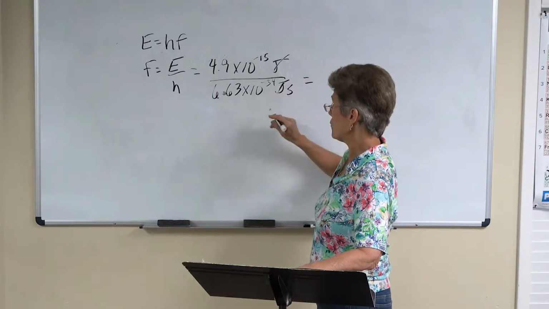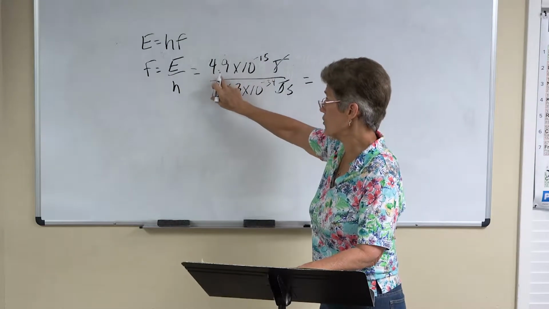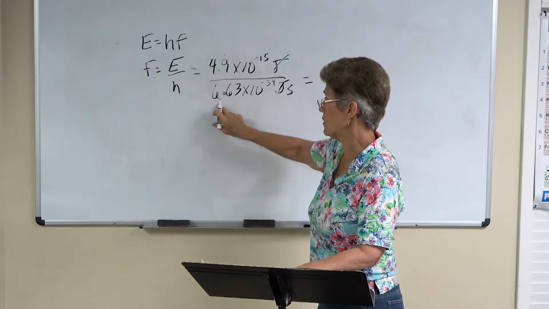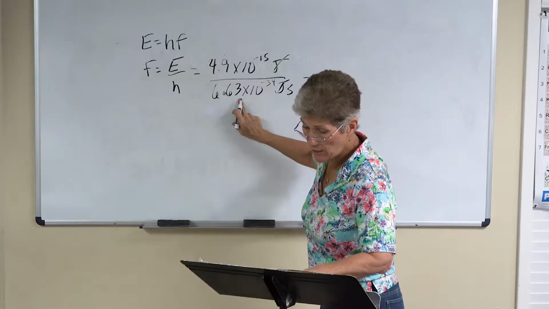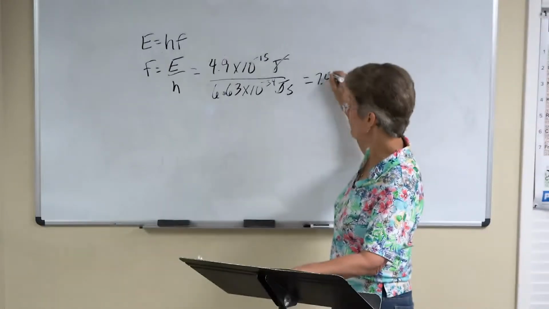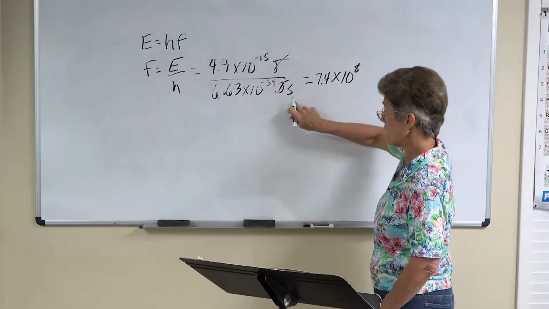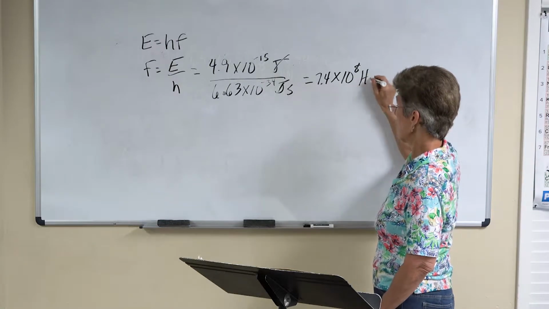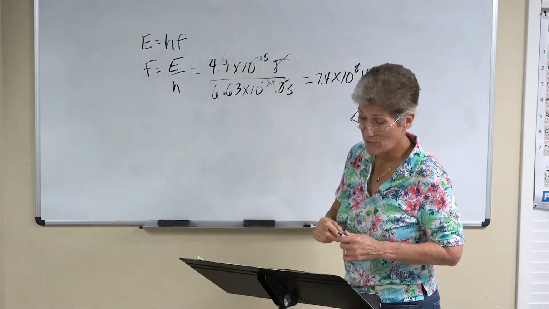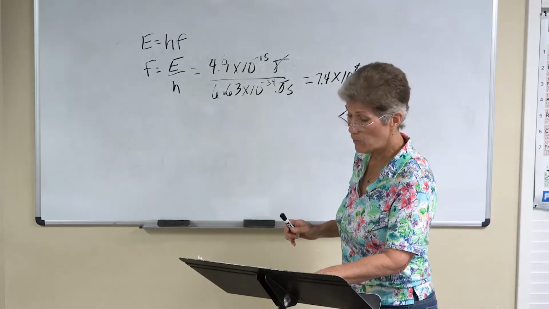So the joules will cancel. We'll be left with per second, which is hertz. Your answer has to be in 2 significant figures because this is 2, this is 3. So it's going to be 7.4 times 10 to the 18th, and it's per second because that's all that's left. So we're going to give that in hertz. And that tells us that we are putting our things in the right places. Otherwise, we wouldn't get that.